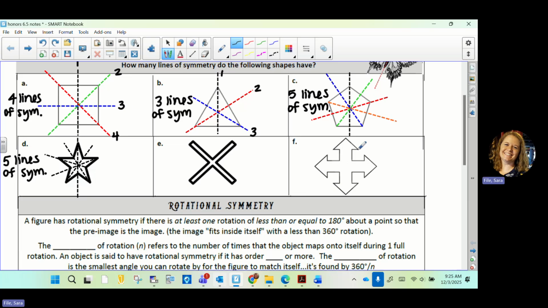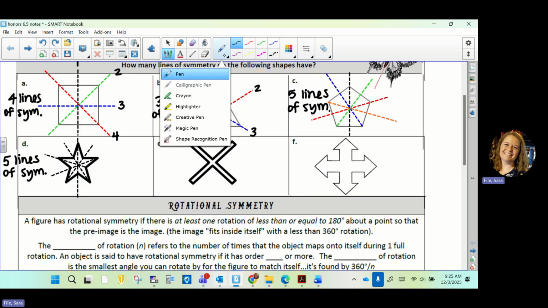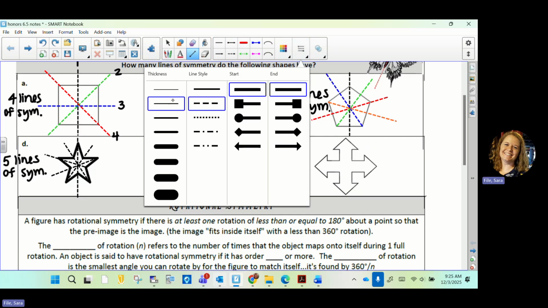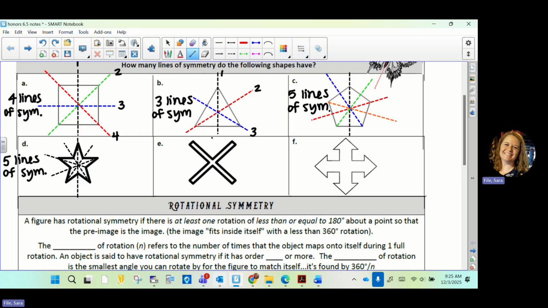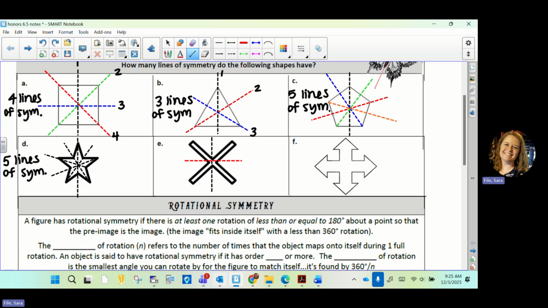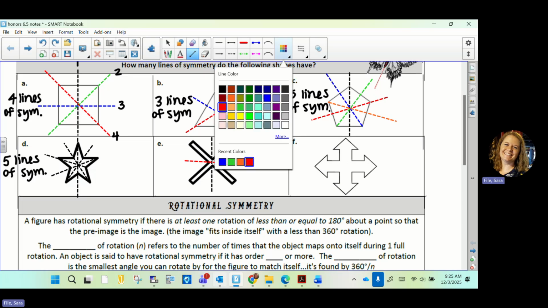Okay, what about E? Where could I draw a line of symmetry for this one? Where could I cut this in half and everything is like a mirror image on both sides? Okay, so I could go straight vertically through the center. Left and right are the same. What else? The other way. Horizontally. Top and bottom would be the same. Is that it? Where else? Down the line.